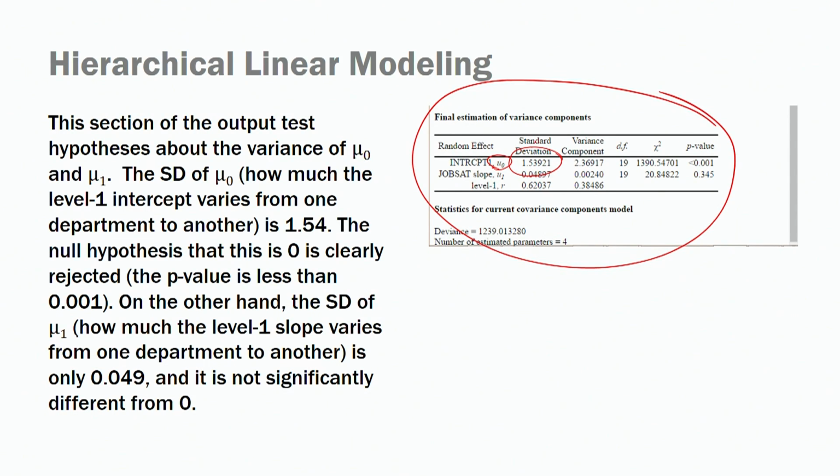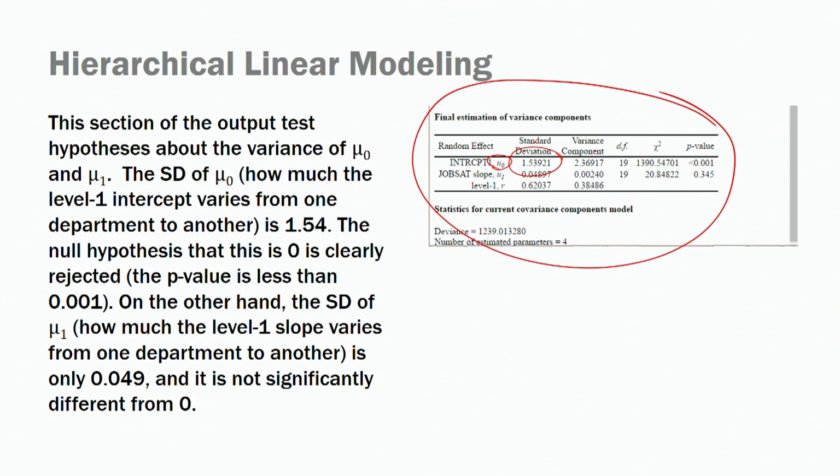So what that means is that although the overall intercept is not statistically different from 0, we do have enough variance between departments that is making this meaningful information. All the departments don't have the same starting point, the same intercept.